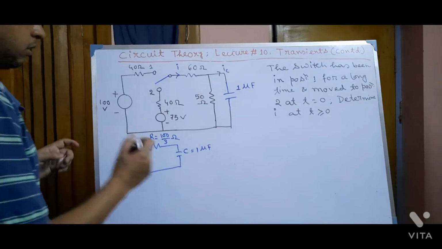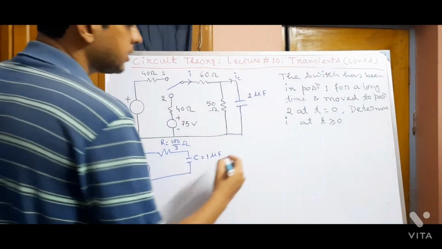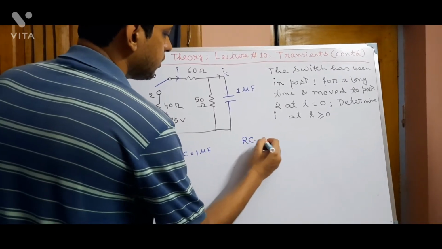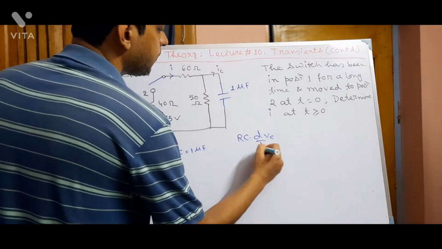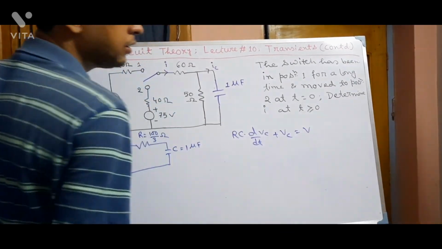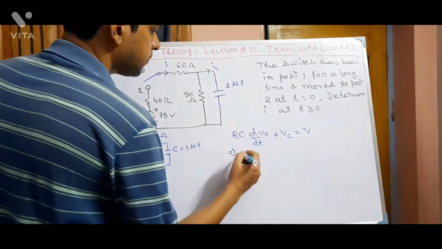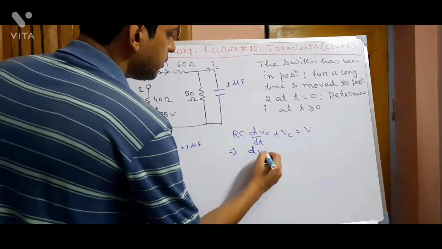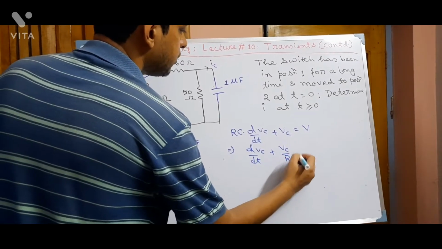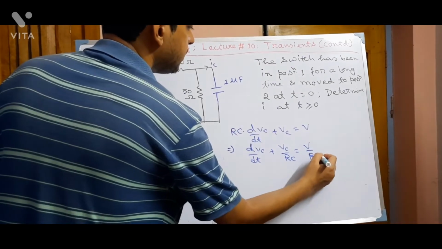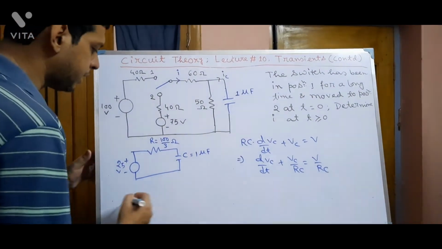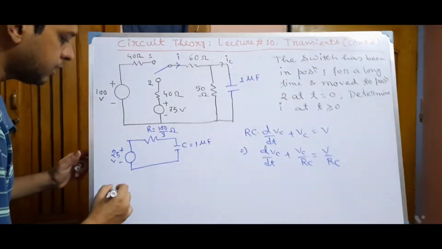Now, the operating equation of an RC series circuit is given by RC dVc dt plus Vc equal to V, the forcing function, or dVc dt plus Vc by RC equal to V by RC. Now this is one differential equation. This can be solved by CF and PI.